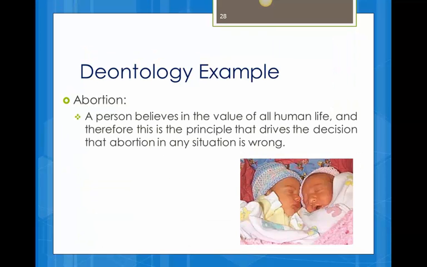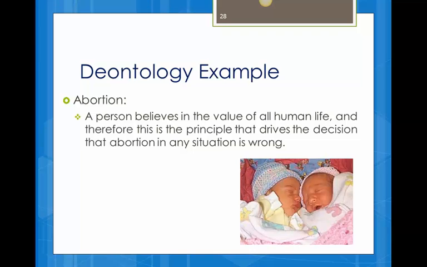So let's look at the abortion example one more time. A person believes in the value of all human life, and therefore this is the principle that drives the decision that abortion in any situation is wrong. Let's say I was a true follower of deontology.